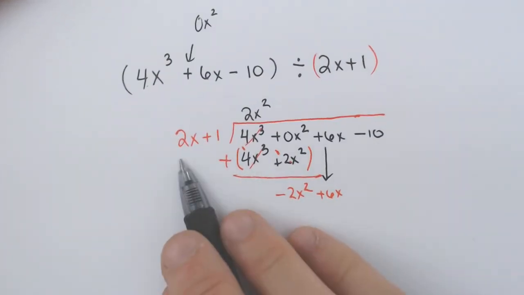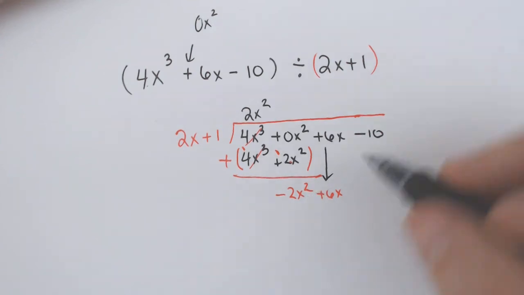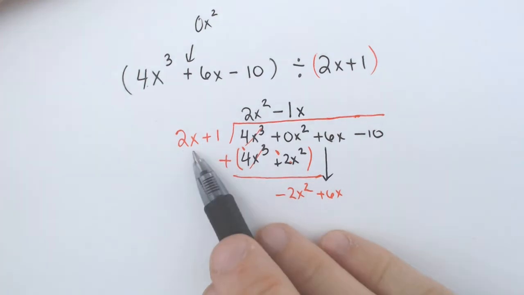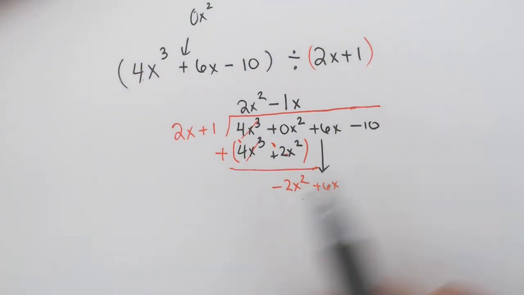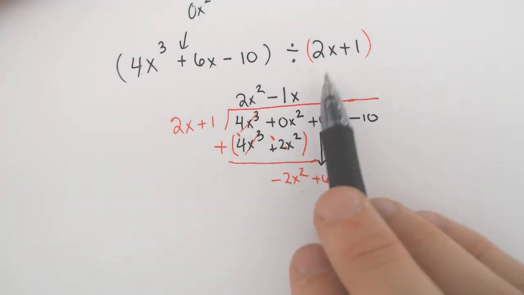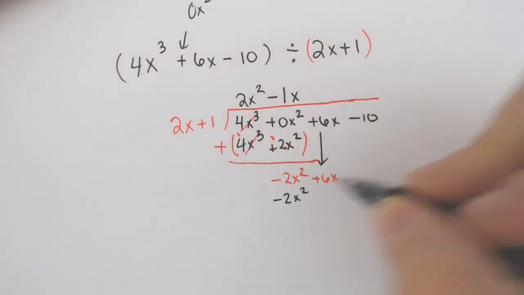So we have 2x times what makes negative 2x squared, which would be negative 1x, because 2 times negative 1 makes negative 2, and x times x makes x squared. And you take that negative 1 and you distribute it with both of these. So if you distribute negative 1 and 2x, you get negative 2x squared.